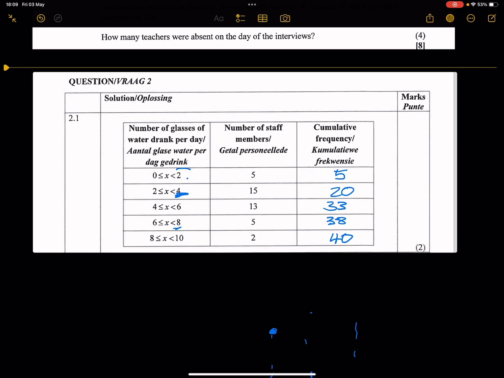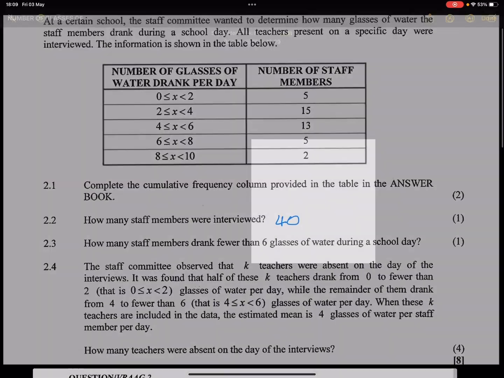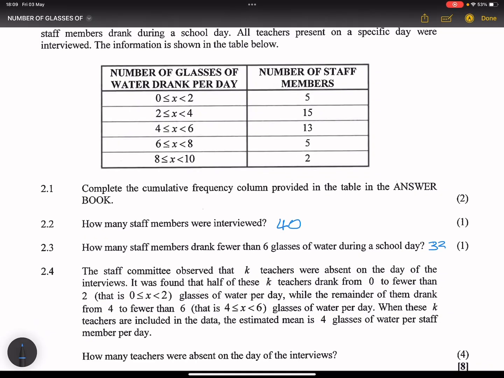So from here going up, all of these drank fewer than 6. So the actual number is 33 people, or you can just simply sum all of these up. All of those drank less than 6. So in total, that would be 33 staff members.